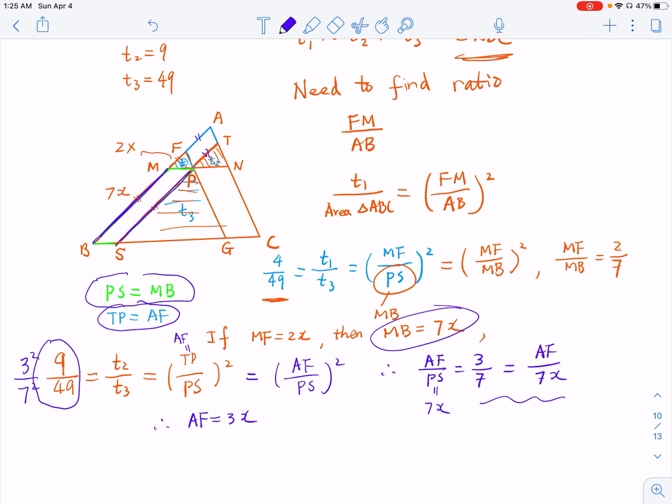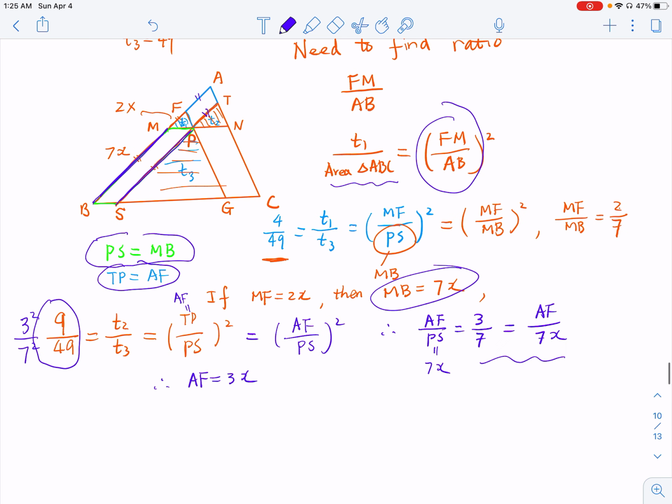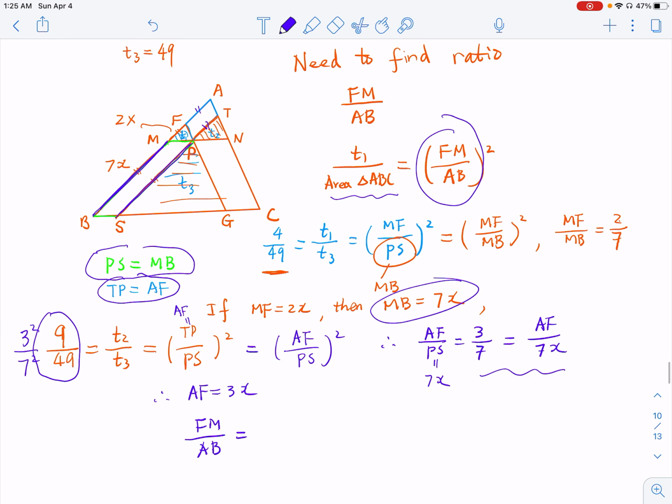Now notice that we are trying to find the area of this. We know T1, and we need to find out this ratio here. So let's find out the ratio of FM over AB. FM is equal to 2x here. AB is the full length, which is the summation of AF plus FM plus MB.